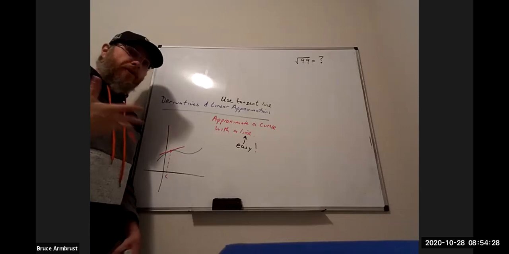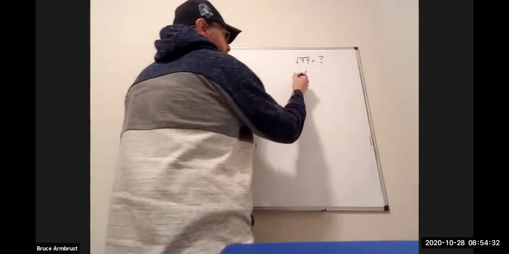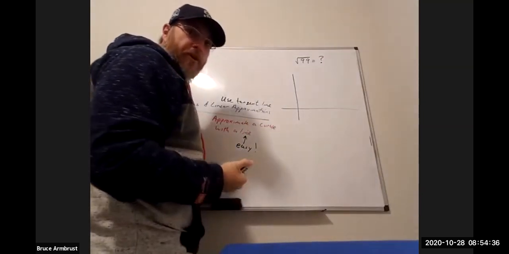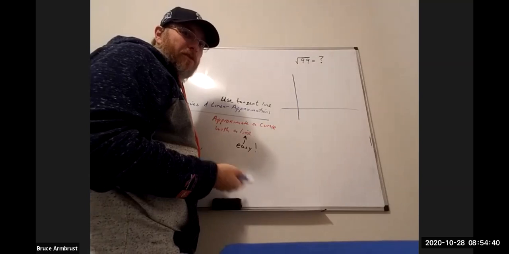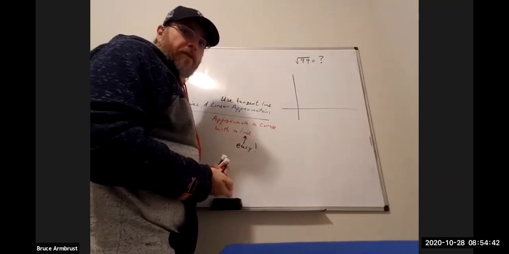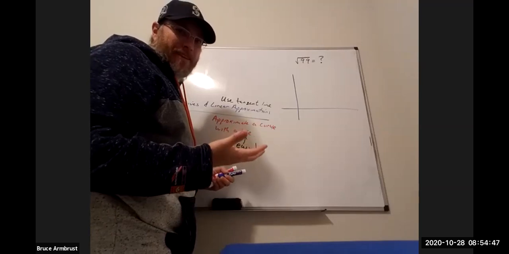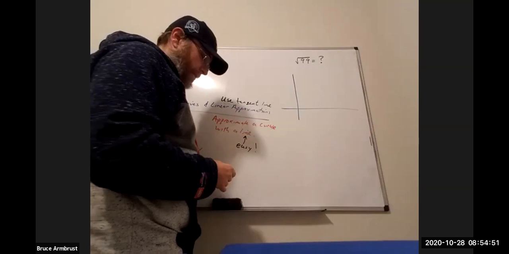Okay, so here's kind of how we want to think about this. We've got the graph of the square root. And if this picture looks familiar, it should, because I kind of used this as an example a while ago about why we care about the derivative. It wasn't the square root of 99. It was like the square root of 4.1 or something. But it was the same kind of idea.